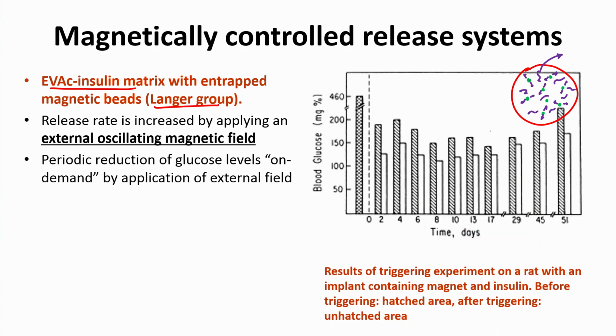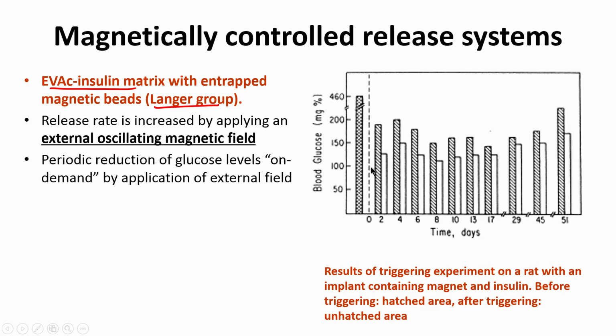So, this is their data showing that. As you can see, you have blood glucose level here. At time 0, of course, you have a certain blood glucose level which is diabetic in nature in a rat experiment, and then you put in an implant containing these magnetic beads and insulin. This is before triggering.